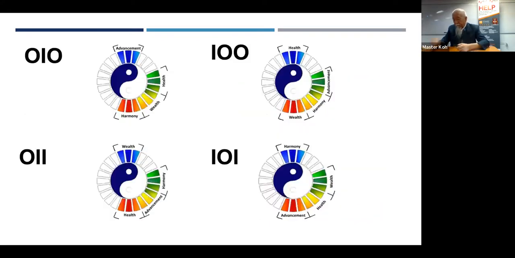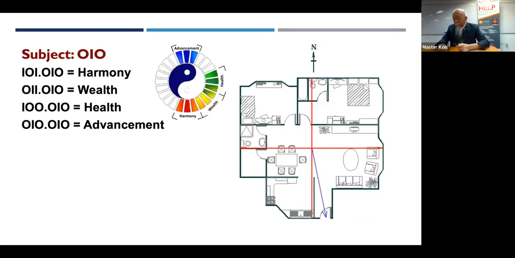Okay. So 010, go back again, repeat. Wealth in southeast, health in east, and advancement in the north, and harmony is in south.